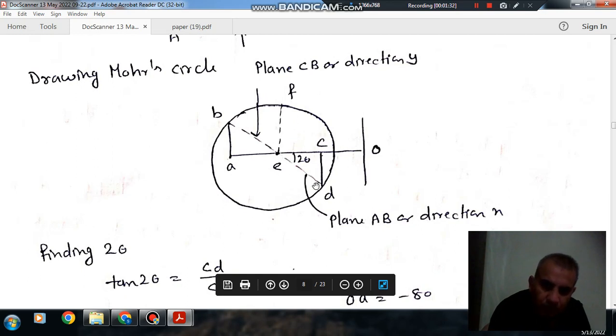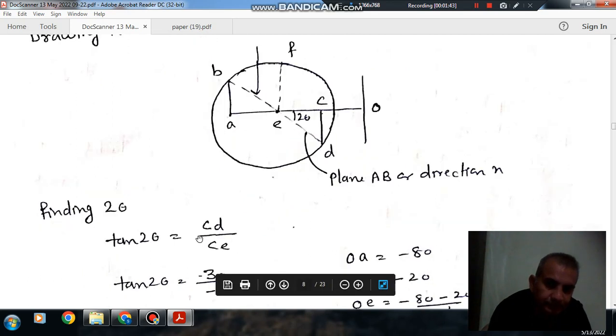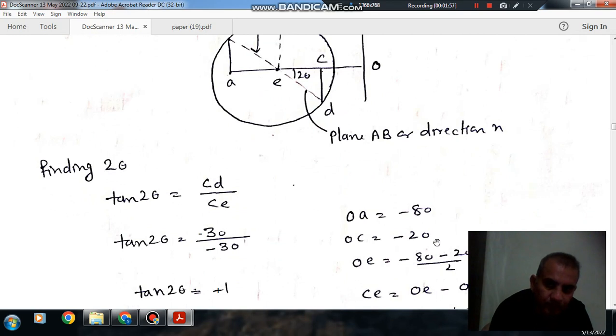Okay, now this is your direction X. This one is the plane of maximum shear stress, and this is also a plane of maximum shear stress. So first of all, finding out this 2 theta angle. 2 theta is CD by CE. CD is minus 30 because this is shear stress, and OE is minus 50.